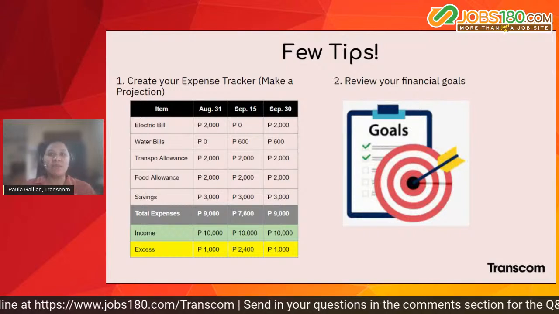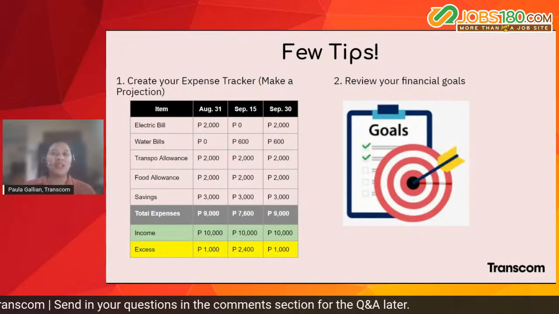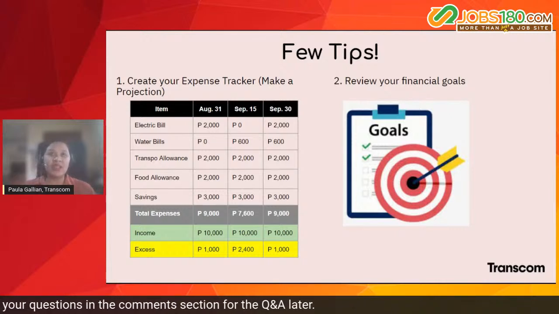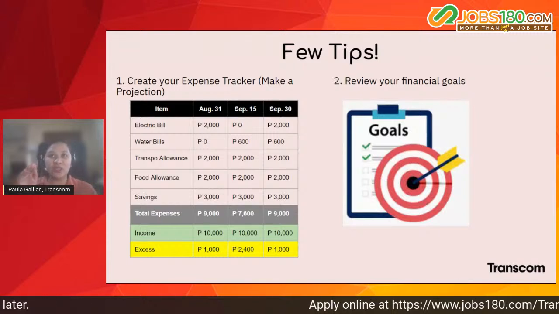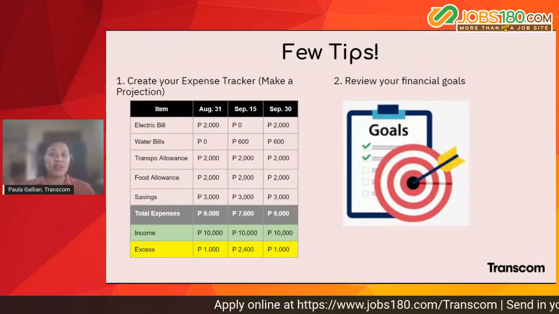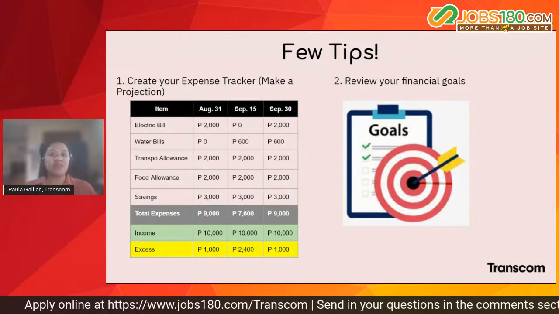If you are able to hit it, that's a good job. Ibig sabihin, you're doing it well. Although I know there are some scenarios where you are behind your target, what you can do is do it on the next year, or yung kulang mo, pwede mo siyang i-add up ulit as another savings.